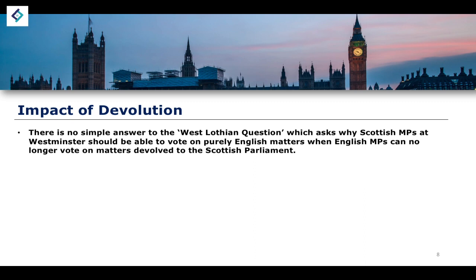So there's some back and forth that has to be asked in regard to that. And as I've said here on this slide, there is no simple answer to this question as to how we resolve this. Because does it make sense to suggest that we should devolve powers to a new English institution? That doesn't necessarily fit nicely with what we all conceive as the purpose and role of the Westminster Parliament.